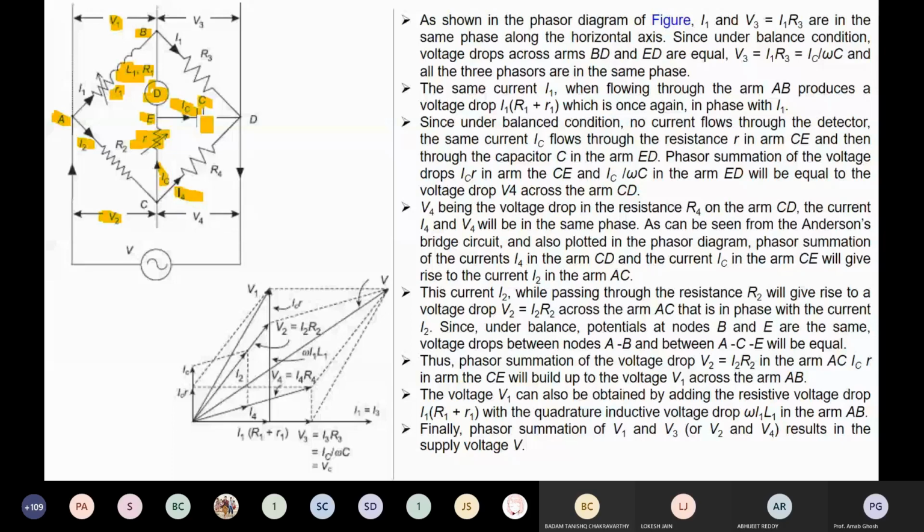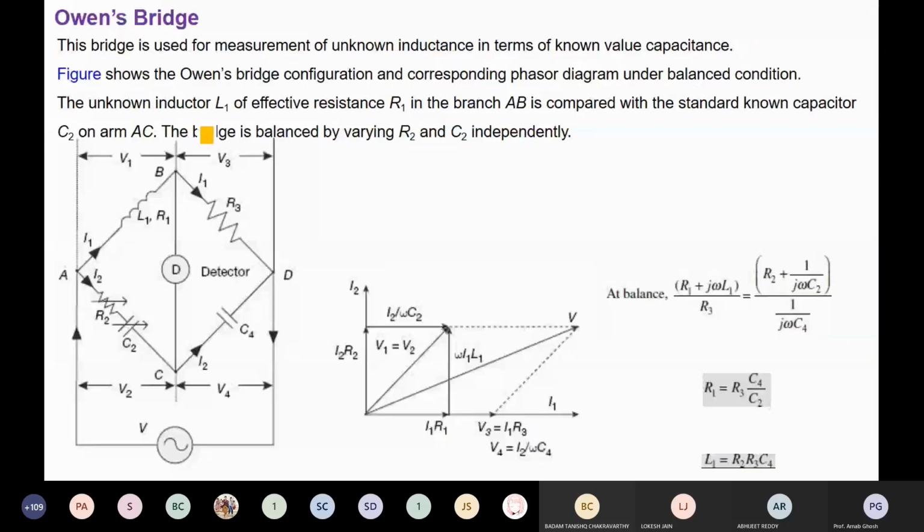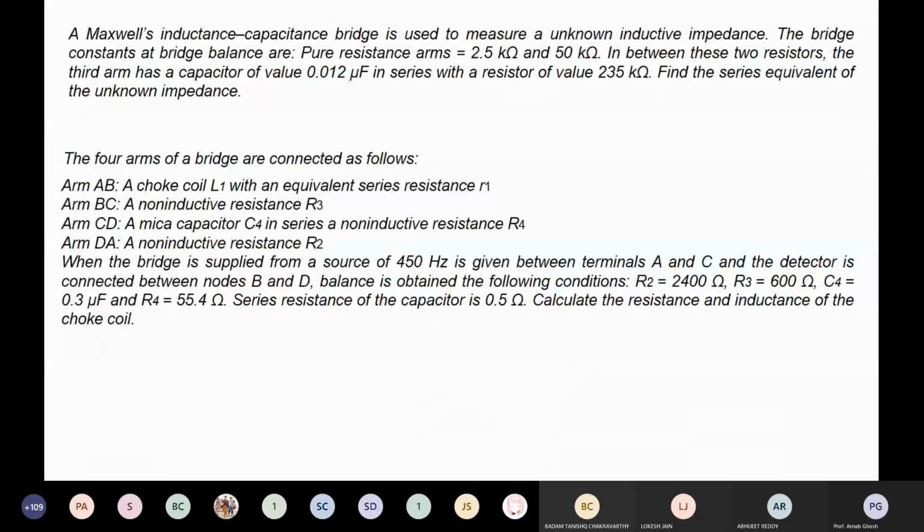So what will that expression be? R plus 1 by J omega C into R4, whole divided by R plus 1 by J omega C plus R4. If you equate them, finally you will get this value, J omega whole divided by I1 R2.